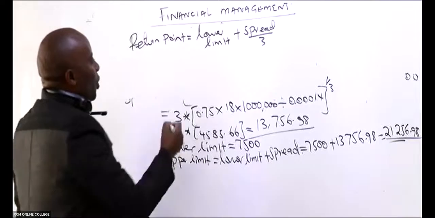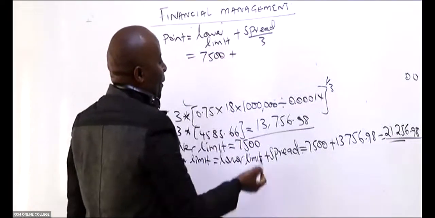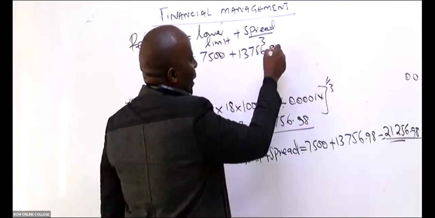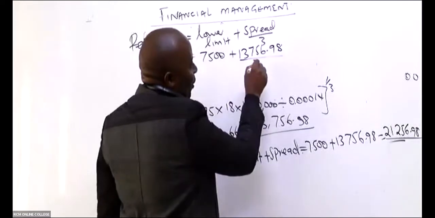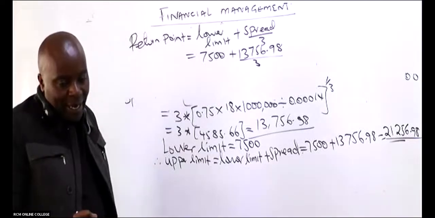Yeah, so we have our lower limit, which will be 7,500, plus our spread, which is 13,756.98. This one only is the one that you divide by 3. That one only is the one we divide by 3.